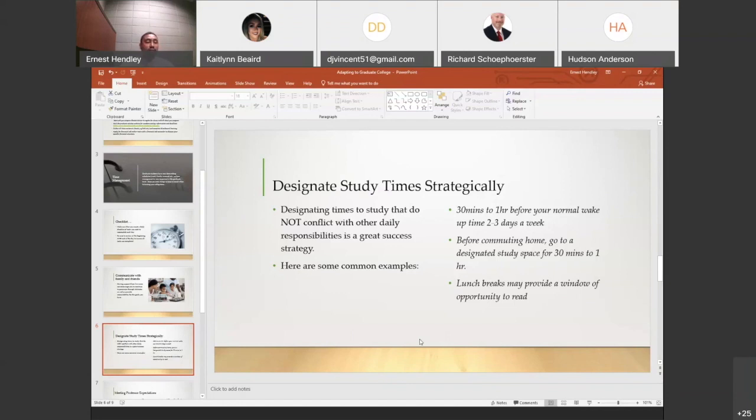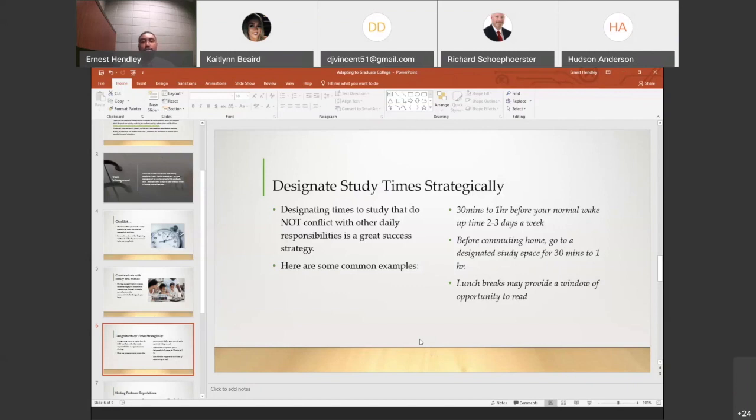And because of that, you'll have to designate your study time strategically. So here are some common examples that a lot of college students utilize as study times. Whatever your normal wake-up time is, pick 2 to 3 days out the week, and maybe you'll wake up 30 minutes to an hour, maybe an hour and a half if you can squeeze it, and do that 2 or 3 days out the week.